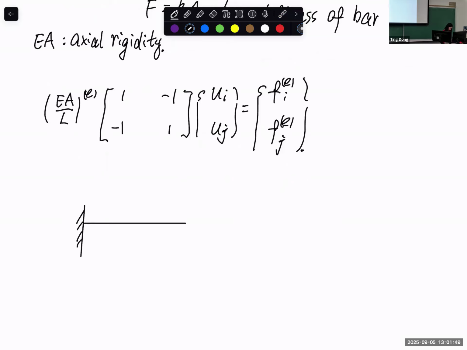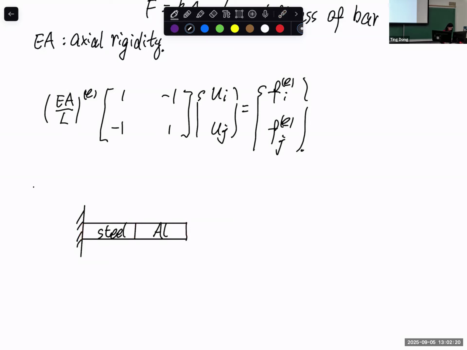let's say we have one bar. It has the same constant cross section, but the left side is made of steel and the right side is made of aluminum. In this situation, we need different sections. So now there should be one node and one node, and it becomes two elements. It's not one element.